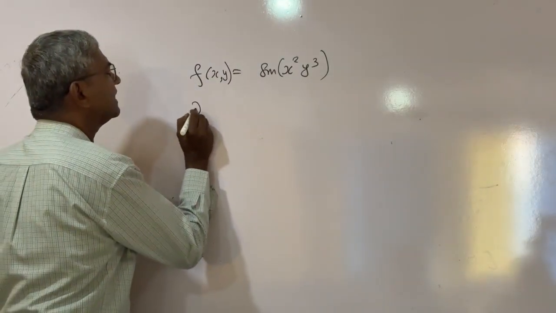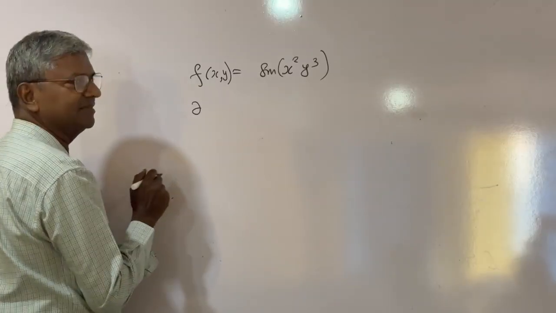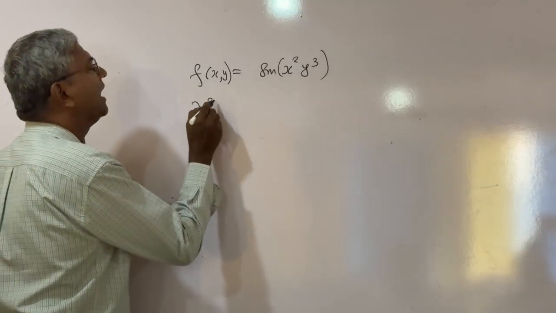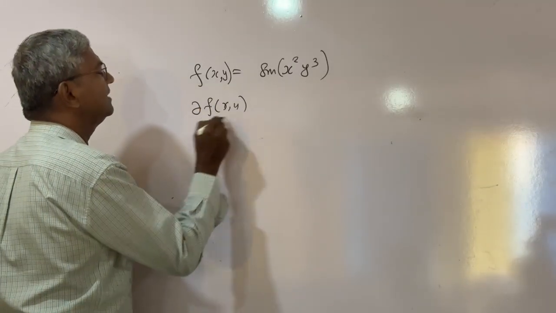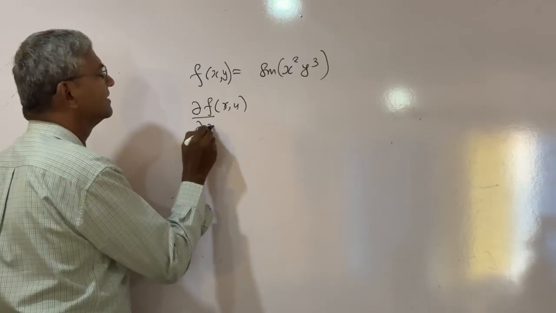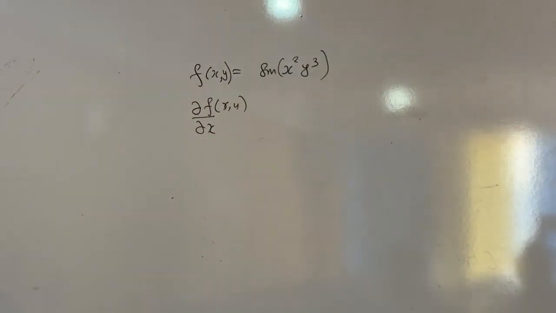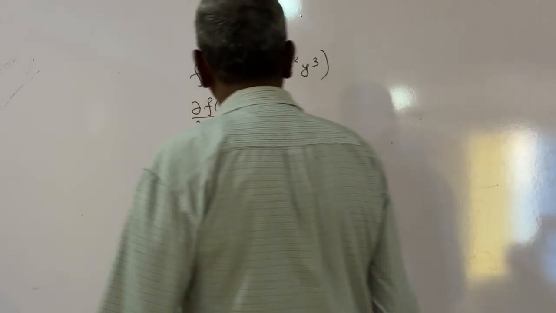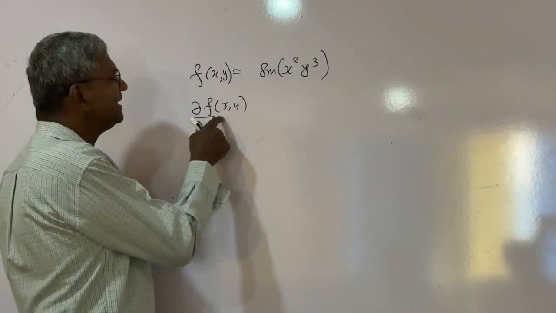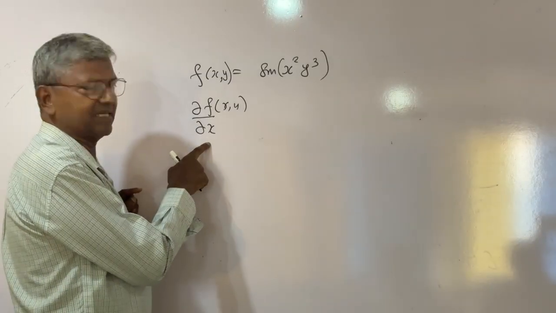So we write this as the partial derivative of f with respect to x. That means the partial derivative with respect to x. If you have a problem here, the only variable is x.